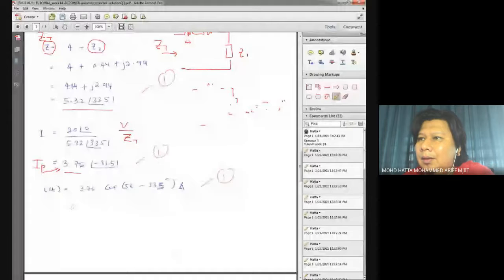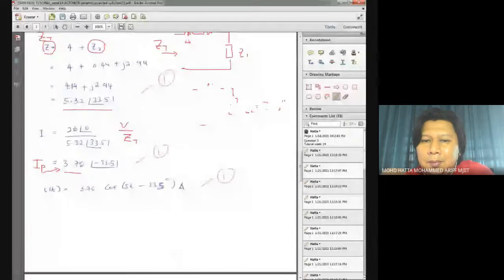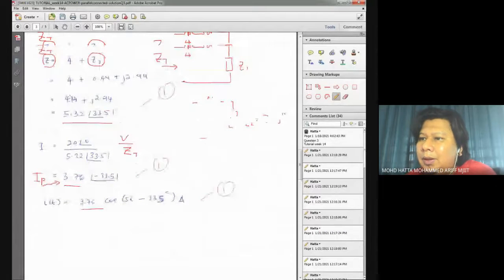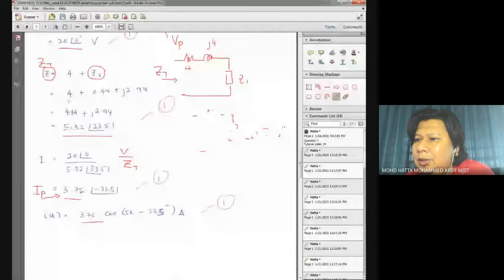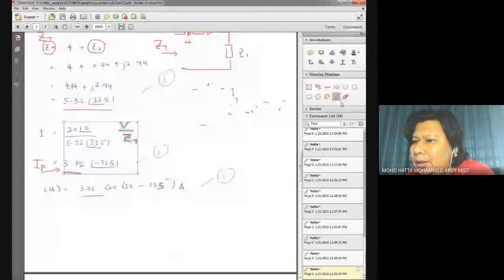If you have converted the value of a voltage in RMS earlier, you need to multiply it again with square root of 2 in order for you to write down your I of t. So here, since we didn't put any conversion from peak value to RMS value, and we consider this one as our peak value, we can use this value straight away into our sinusoid equation. So that is for I of t.